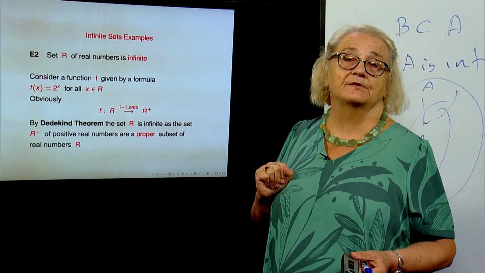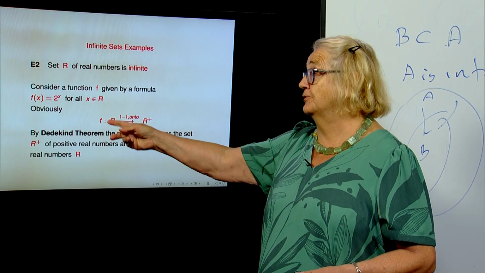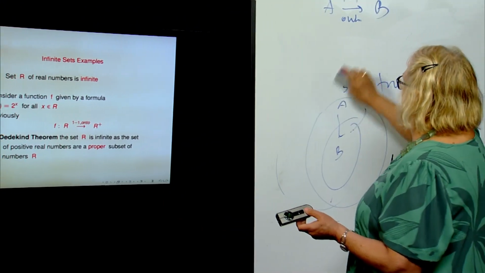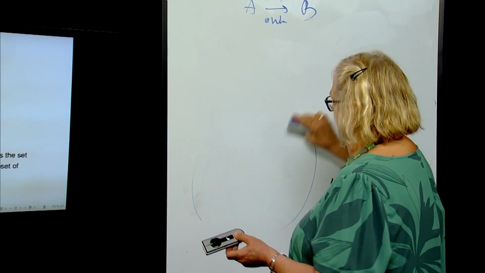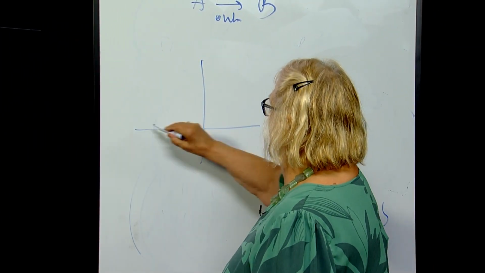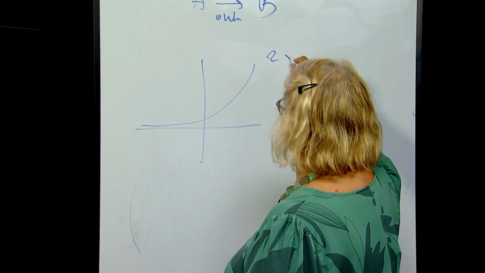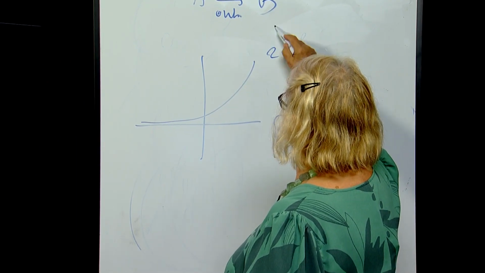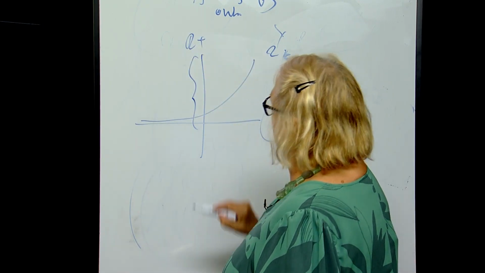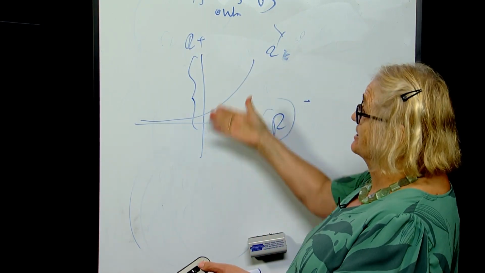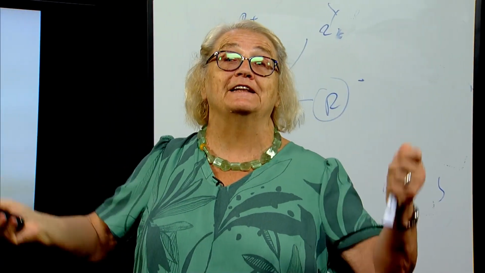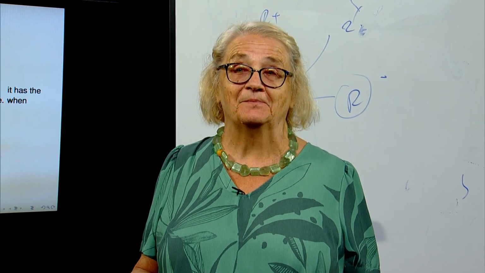The set of real numbers is infinite because 2 to the power x maps real numbers into R plus, a nice subset of real numbers. So you have two infinite sets immediately.